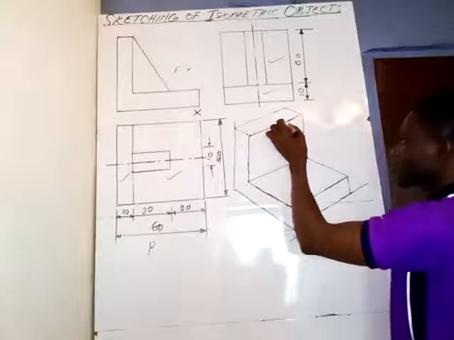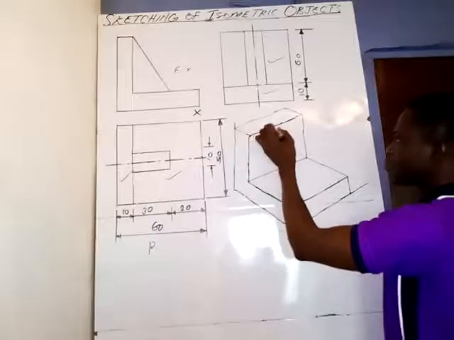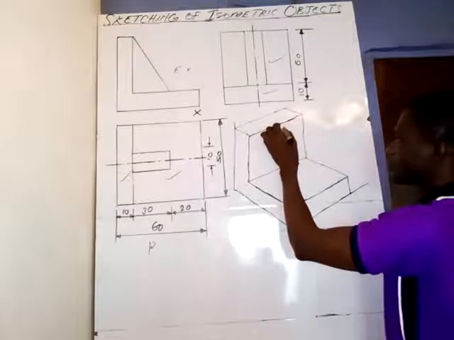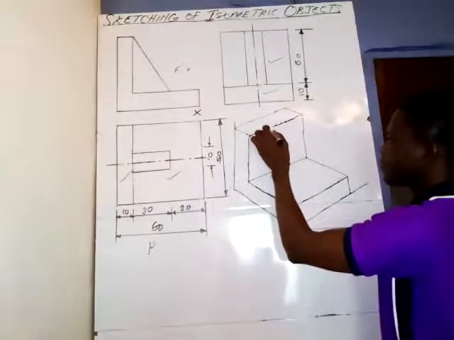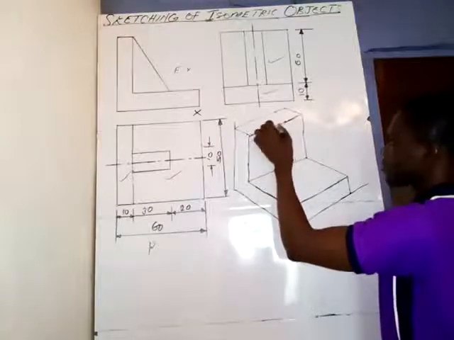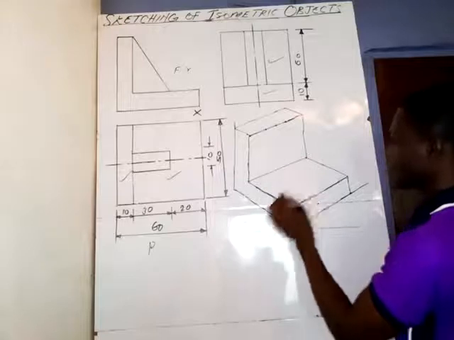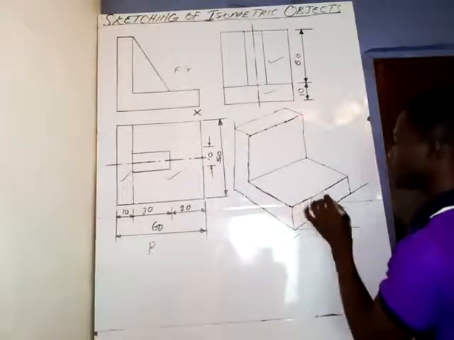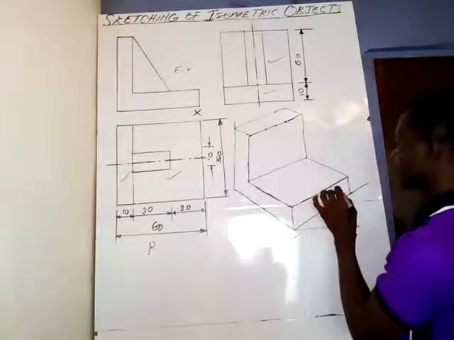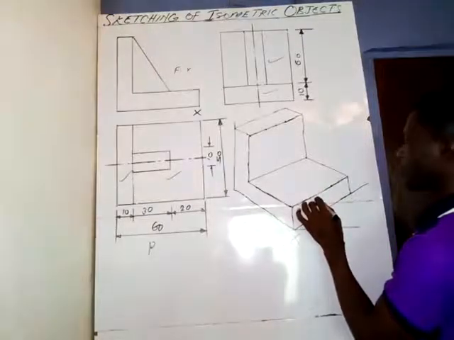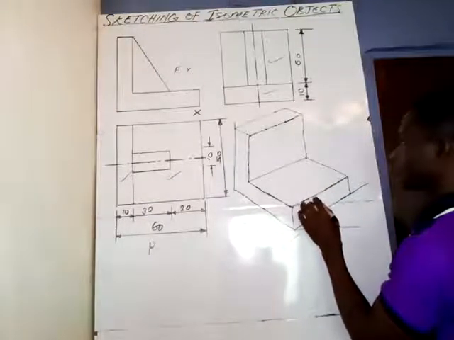Take 5 from here to here, this is 5 millimeters, and from here to here, take 5 millimeters. So we have that from here to here is also 50. We do the same here. So we have this point, and we also have this point.